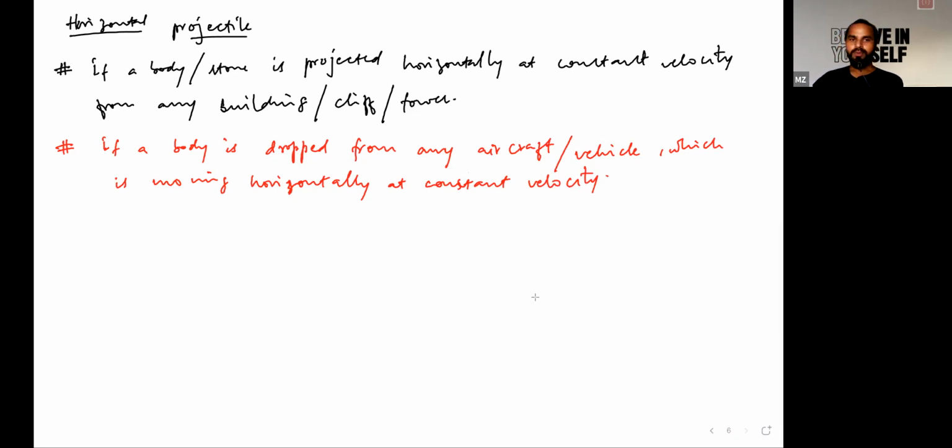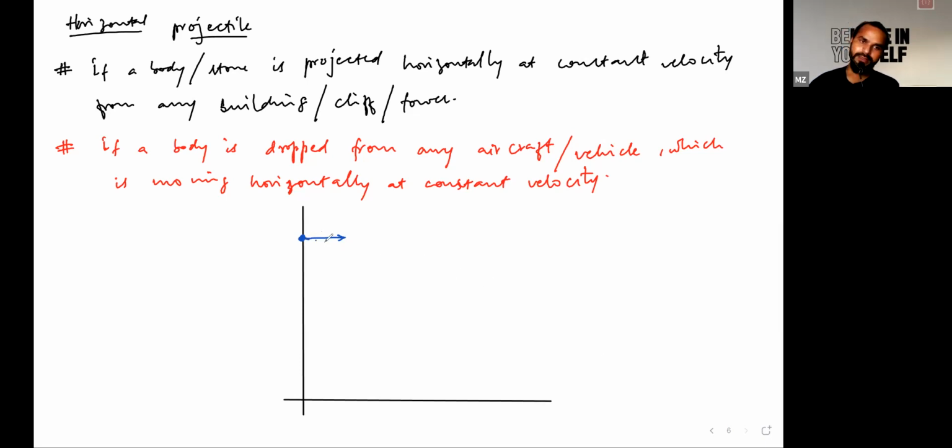Now, how would it look? Let's say you have a building and there is a horizontal path. Suppose a body is thrown from this point. It will have an initial component of velocity along the horizontal direction, but it will be acted on by gravity at each instant.